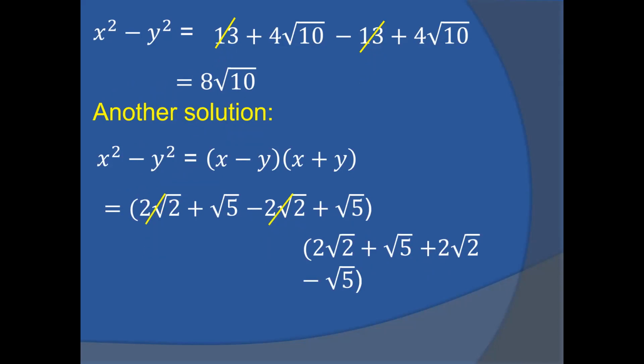And x plus y equals 2 root 2 plus root 5 plus 2 root 2 minus root 5. So root 5 cancels with root 5, and the answer will be 2 root 2 plus 2 root 2 equals 4 root 2. So the first is 2 root 5 and the next is 4 root 2. I multiply them and it equals 8 root 10, the same answer.